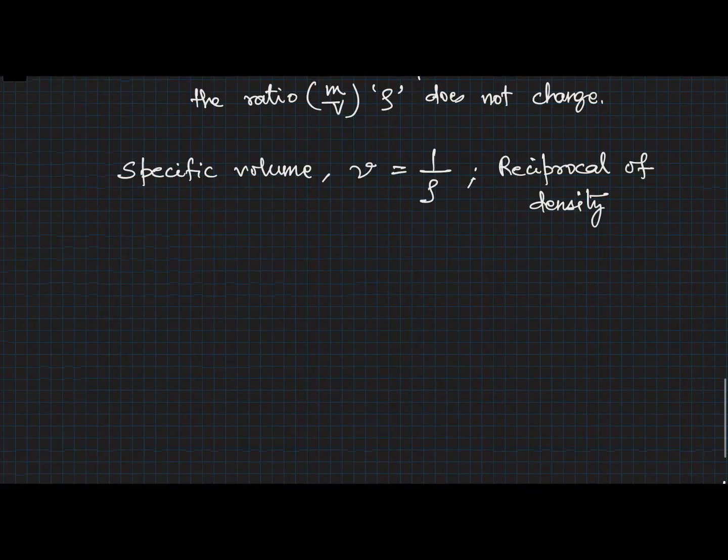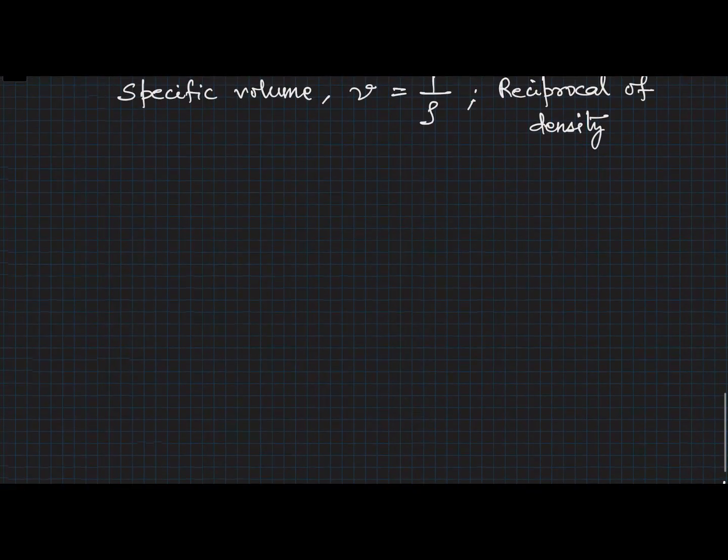Now we need to define another property, which is pressure. We know from our mechanics class and from all our physics classes that pressure is nothing but a ratio of force over area. So pressure is nothing but normal force to area, and there is nothing special about it.